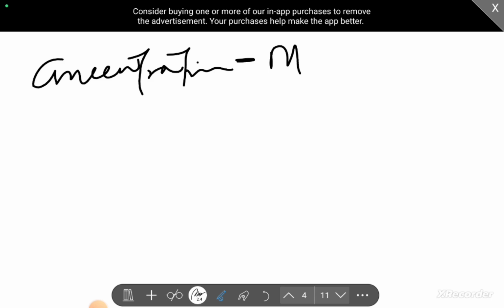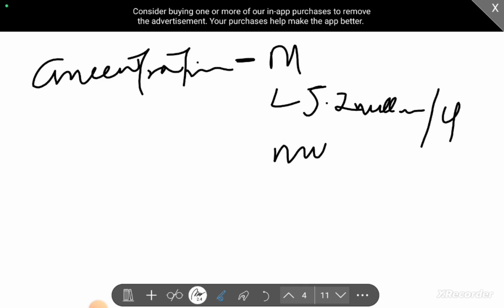They have different concentrations. In males, the concentration of red blood cells is about 5.2 million, which is the total number of red blood cells per cubic millimeter.